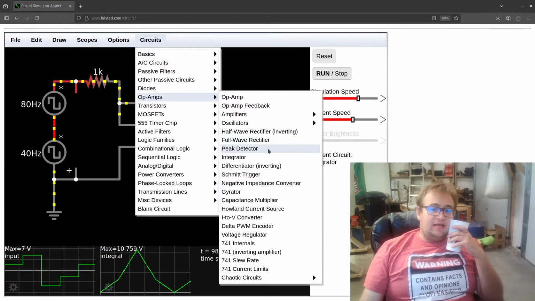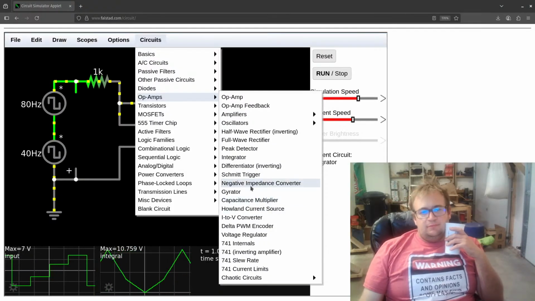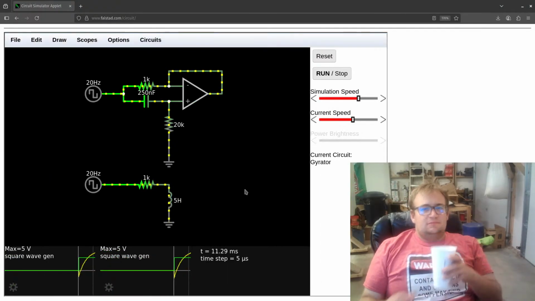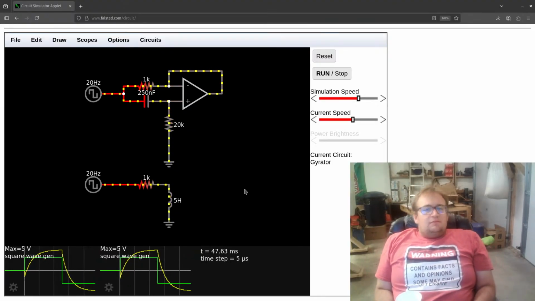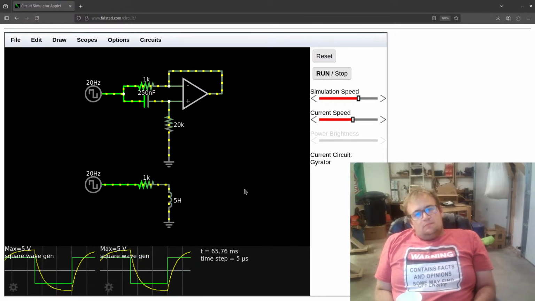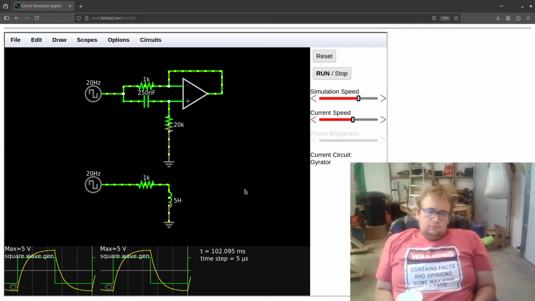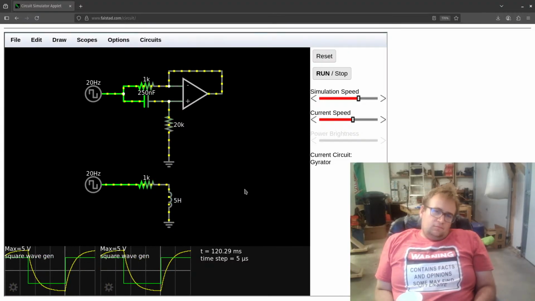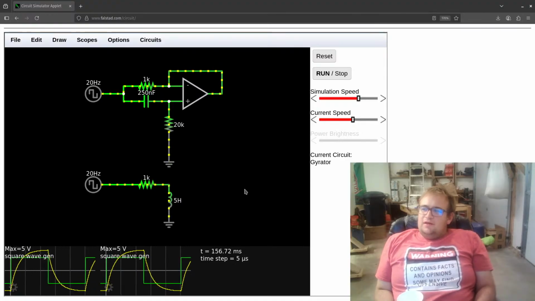Peak detector, that's a nice one. It's a gyrator. I'm not figuring out what they're trying to do here.